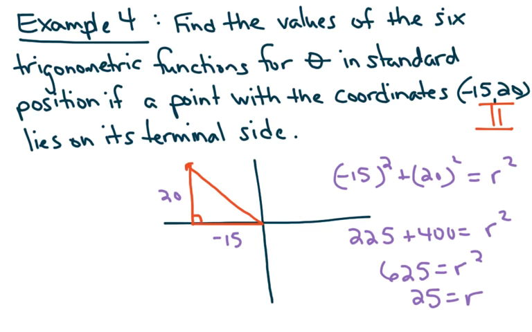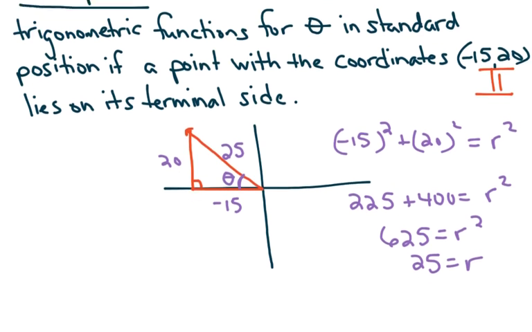So now that I know the hypotenuse, the angle theta will always be this angle closest to the origin. So now we can go find the 6 trig functions. Now, do you actually have to go use those new definitions? The answer is no, because you really can just use SOHCAHTOA to find sine, cosine, and tangent. But for the sake of argument for this problem, I'm going to go use those new definitions.